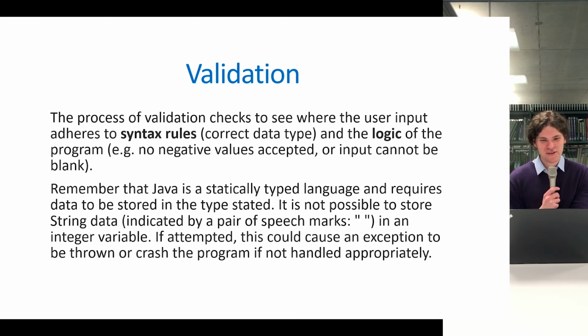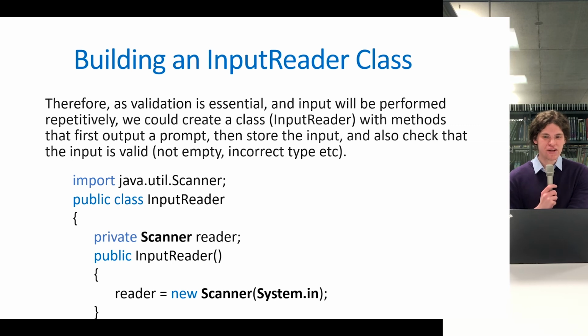Let's move on and have a look at merging all these things together, so capturing input and also validation. We could build a class which will create some methods to allow us to both capture things from the keyboard and validate them at the same time. Here we see the start of creating an InputReader class, which is going to be given to you in your apps.